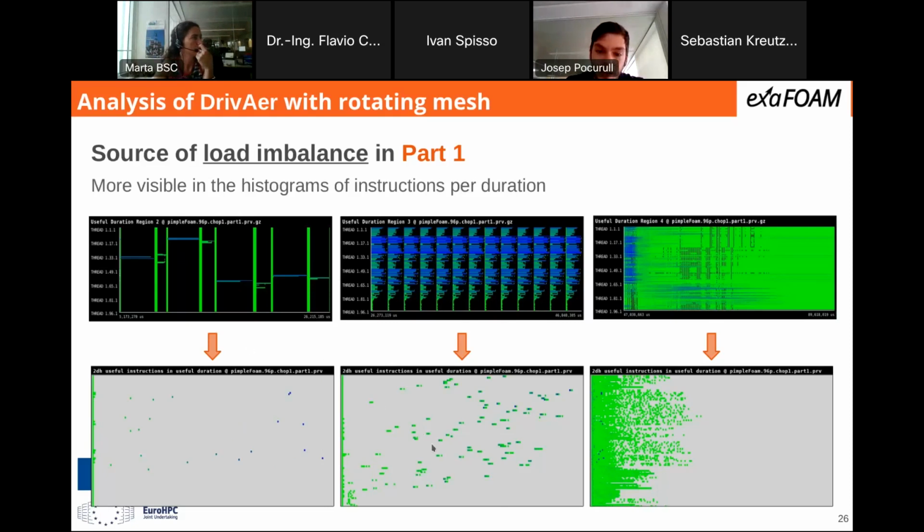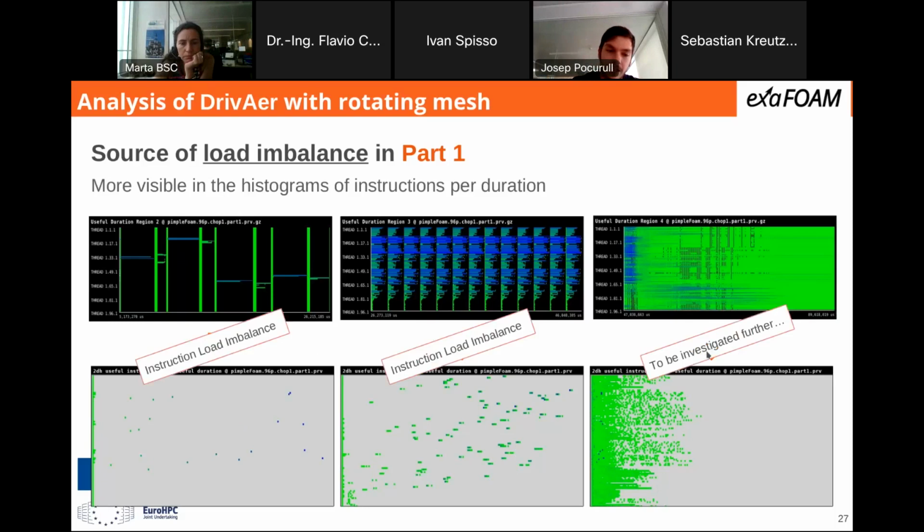In the middle one we can also correlate it, because we see the same pattern: the left are greener and the right side bluer. But in the last region, the right one, we cannot correlate the load imbalance with the instruction imbalance.